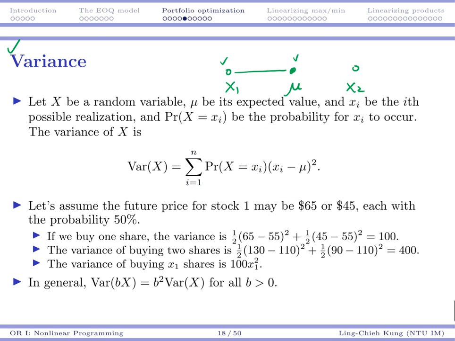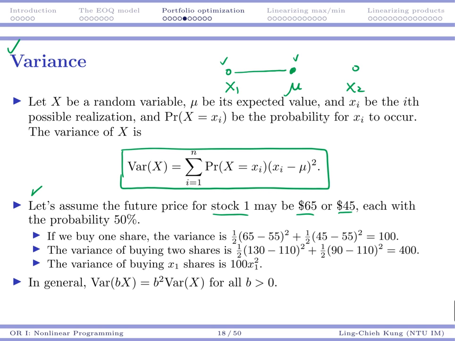This is something everybody knows if you have some training in statistics or probability. If you don't, that's also fine. Just take this formula as something that you are given. For example, let's say the future price for stock 1 may be either 65 or 45, each with probability 50%. If I buy one share, the variance would be calculated in this way.